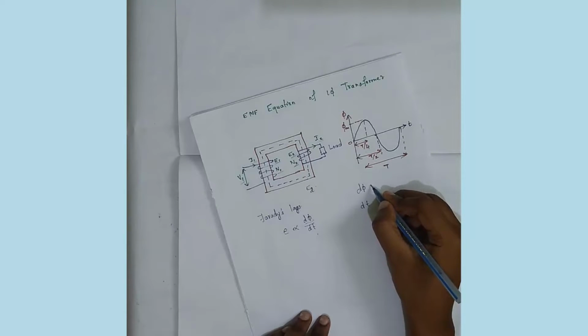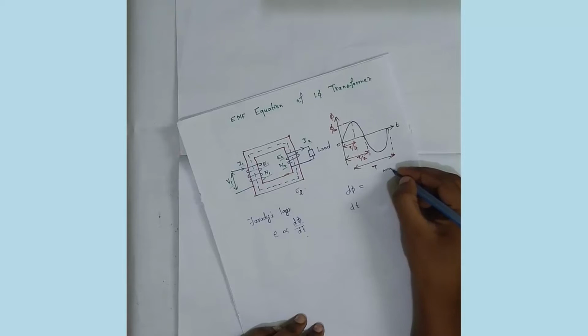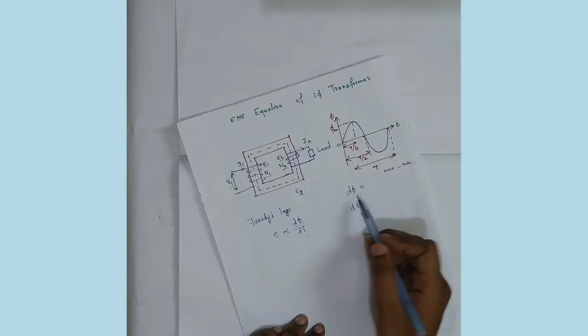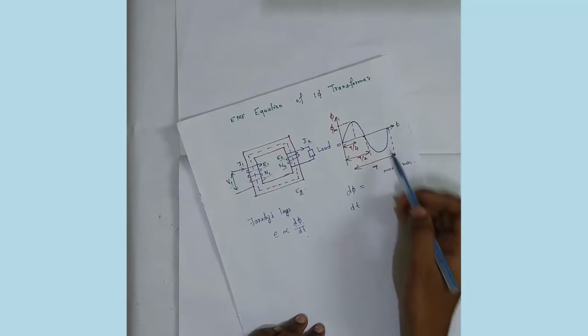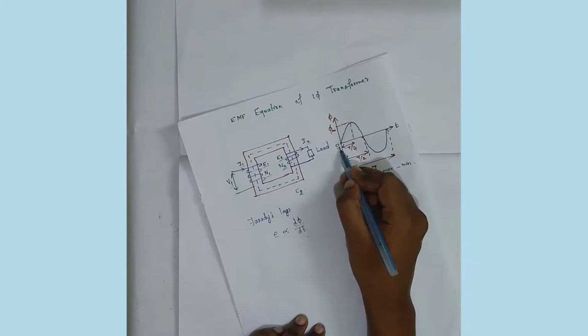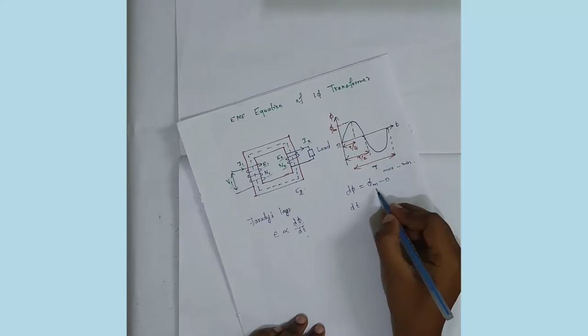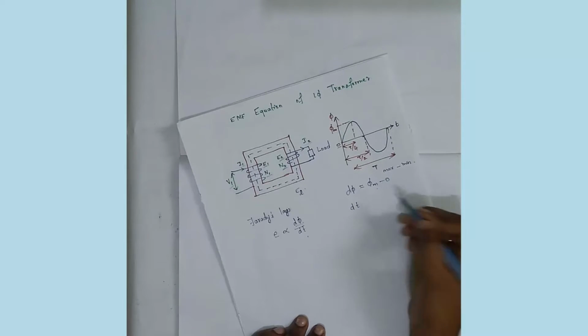The change of flux can be calculated as the maximum flux value minus the minimum flux value. Here the maximum flux value is phi m and the minimum value is 0. Therefore d phi is equal to phi m.